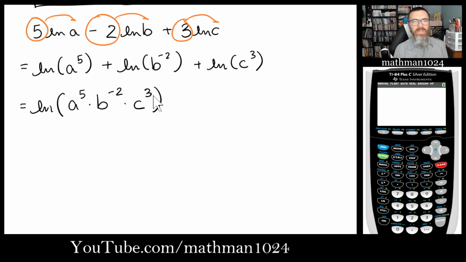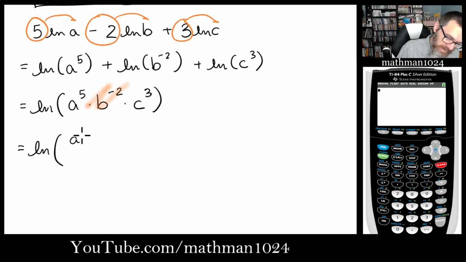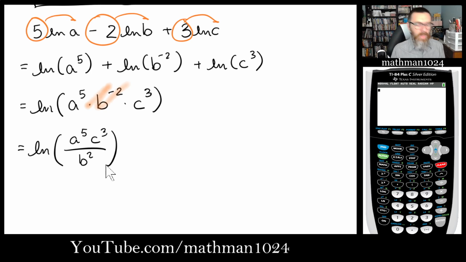Now the only thing we have left to do here is to clean up the mess, which is this one right here, because we don't want to leave a negative power. The way we fix that is by taking the factor that has a negative power and putting it in the denominator. Like that. So that is one way to go through the process.